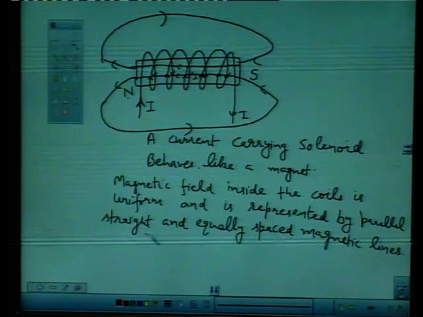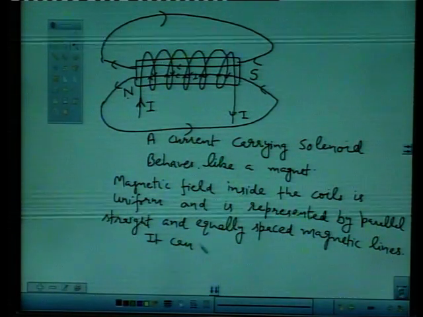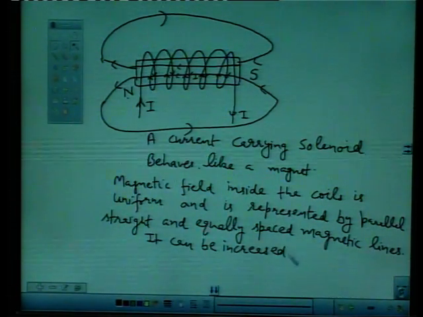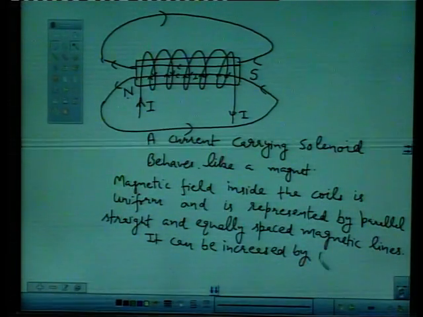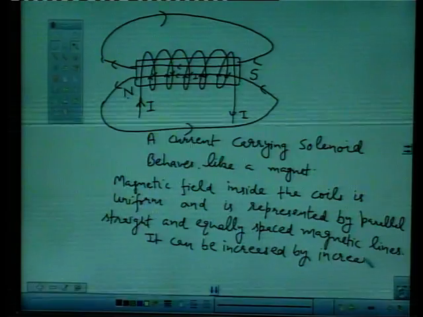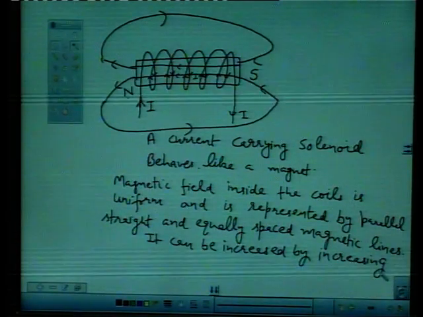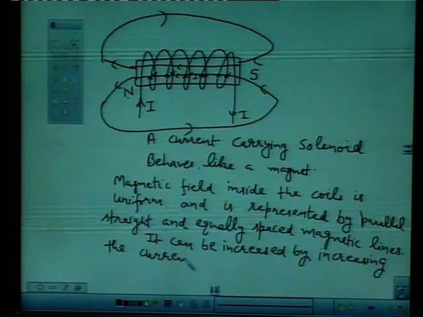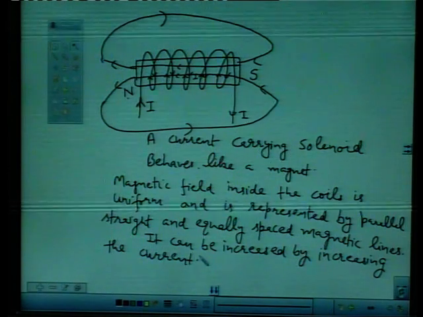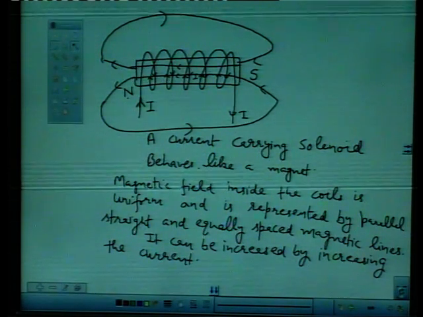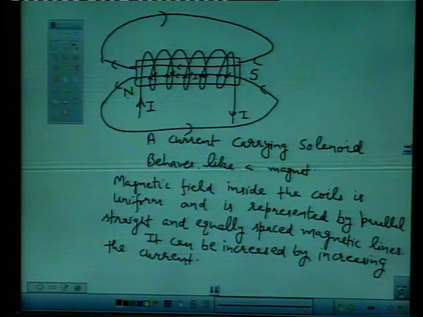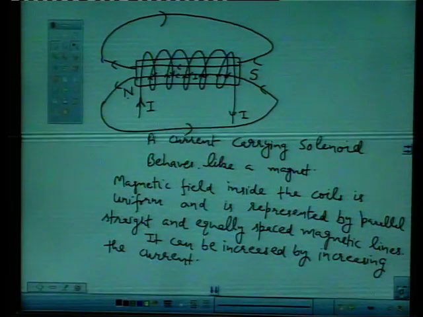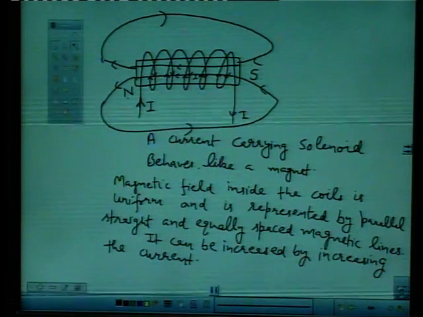So it can be increased by increasing the current. If we increase the amount of current flowing in this coil, then the magnetic field can be increased. And we can also change the material inside the core. We have to remember that iron core is more permeable as compared to air.